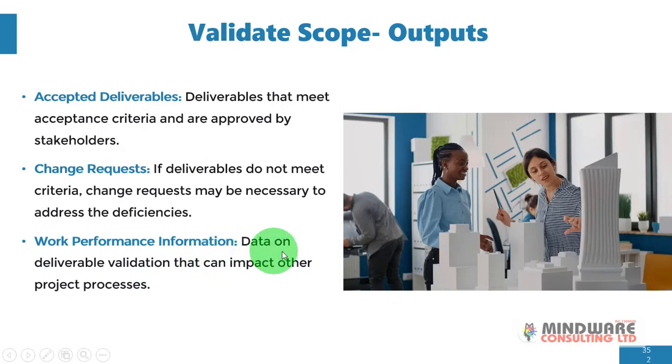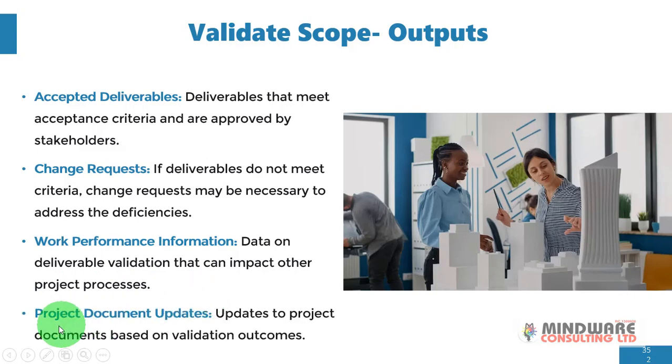Work performance information, data on deliverable validation that can impact other project processes. And lastly, project document updates. This includes updates to project documents based on validation outcomes. Those are the outputs from the validate scope process.